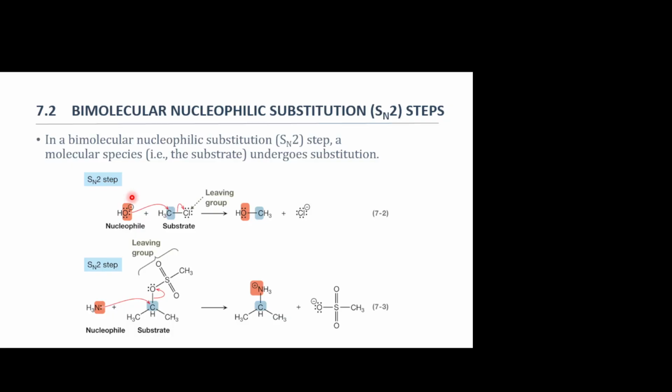Negative charge. If it's negatively charged, what does it want? Positive. Yeah, nuclei are positive, right? And so nucleophiles want positive charges. They want to attack something with a positive charge. So this is a nucleophile because it has a negative charge.